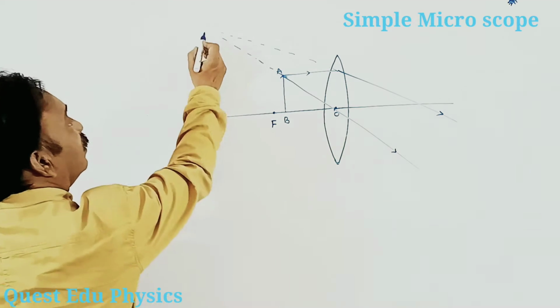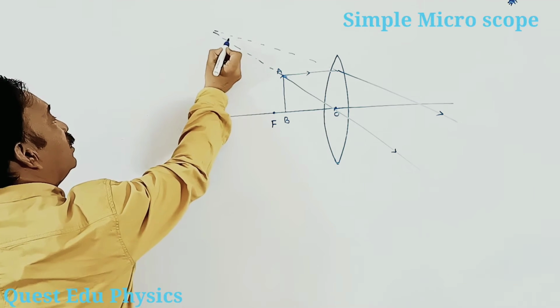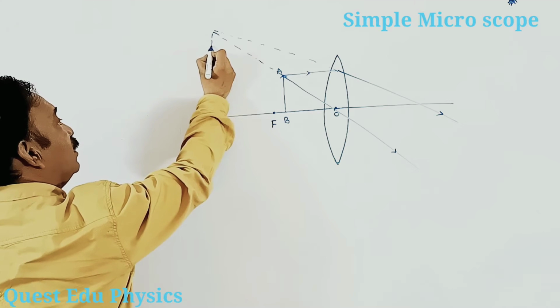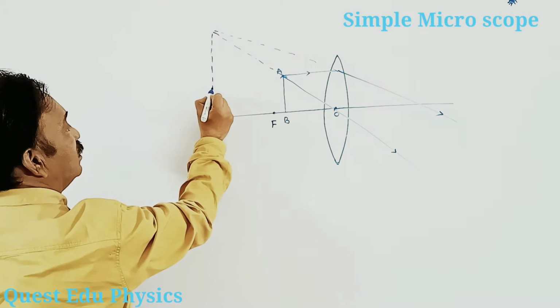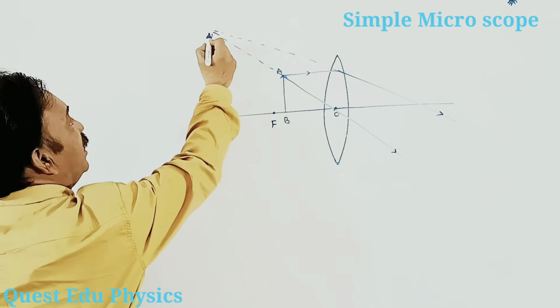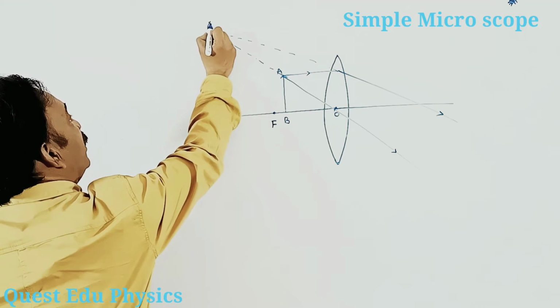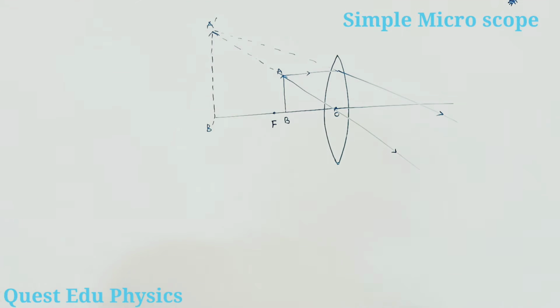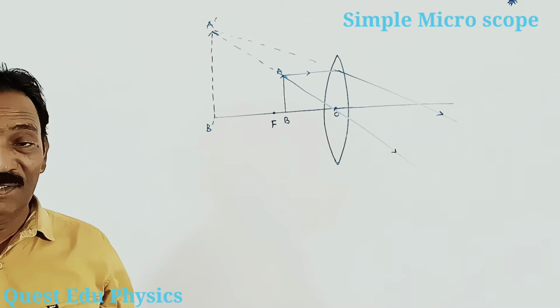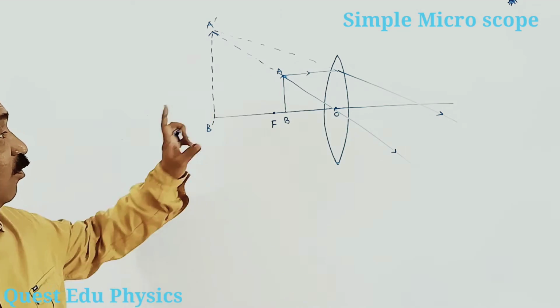The two will meet at a particular point where we will get the image. We are naming it A dash, B dash. It is the virtual image, students.